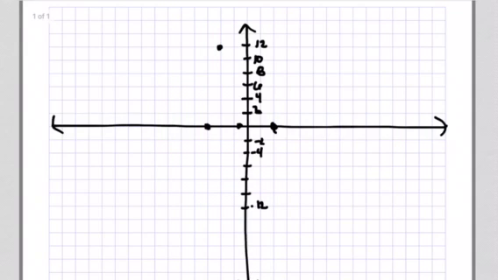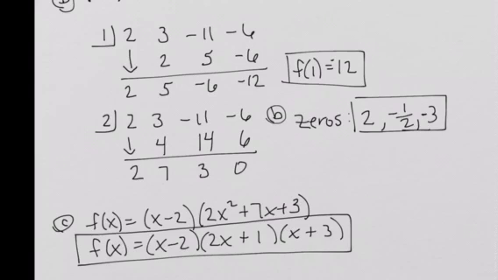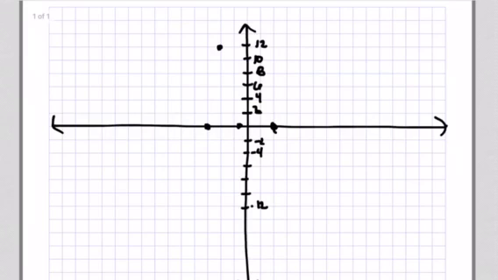We also found earlier a good point between negative 1/2 and positive 2 is a positive 1. If you'll remember, when we were working earlier, we tested positive 1 and found that we got negative 12. So when x is 1, y is negative 12.